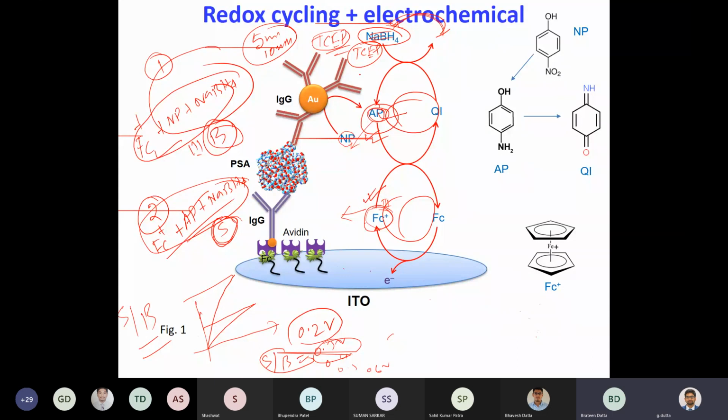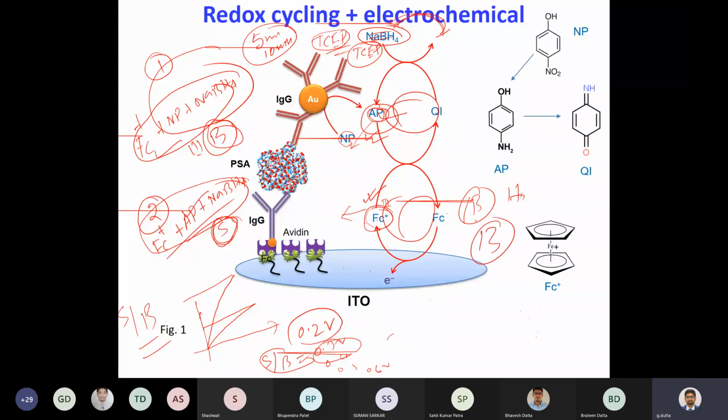If T-shape itself gets oxidized, it can reduce the Fc plus to Fc. But if it can reduce it, then you will get a high background and a very high side reaction. That is not good for your ultrasonic biosensor.